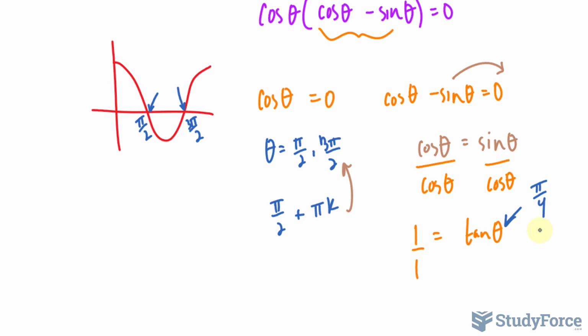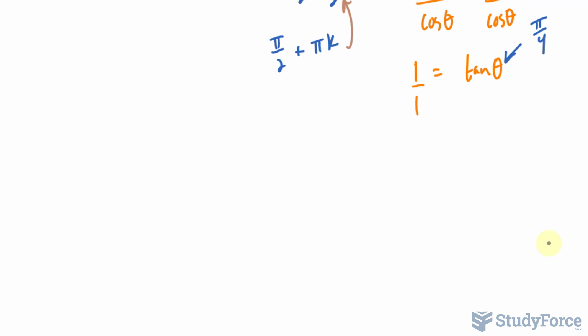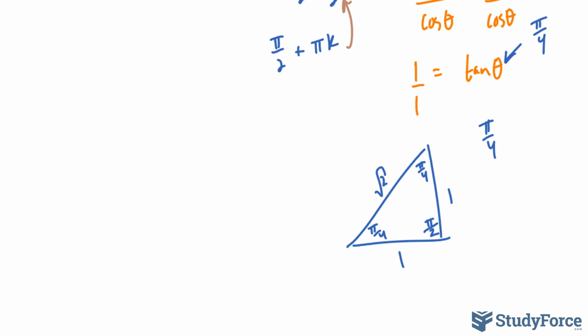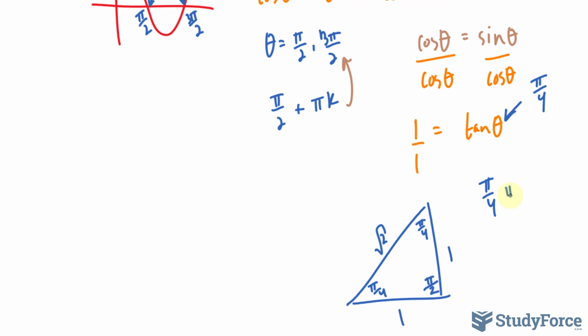And I know that because of the special triangle. That special triangle looks like this, where you have pi over 4, pi over 4, pi over 2. That's the square root of 2, 1, and 1. So pi over 4 plus another pi later on gives us 5 pi over 4.